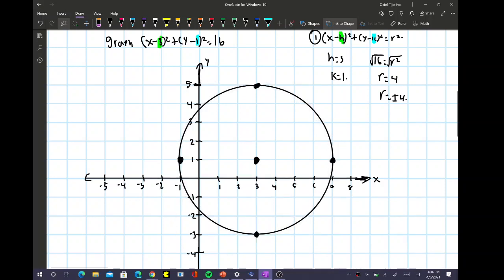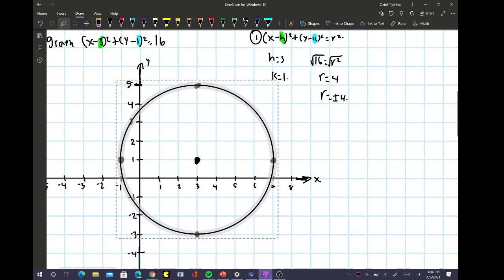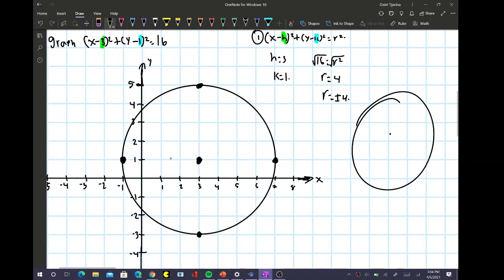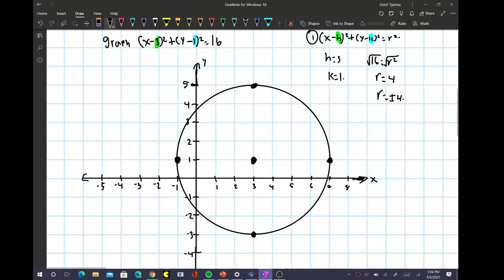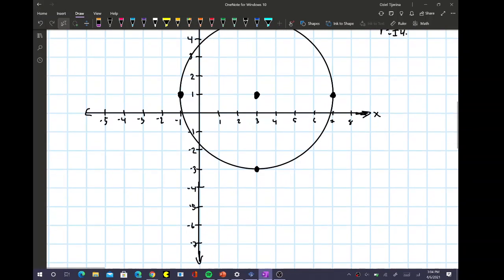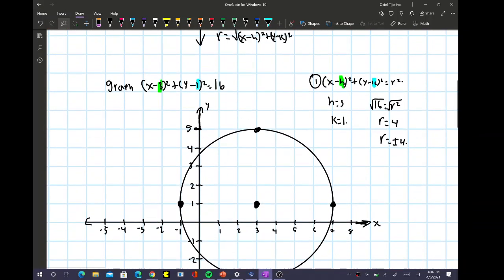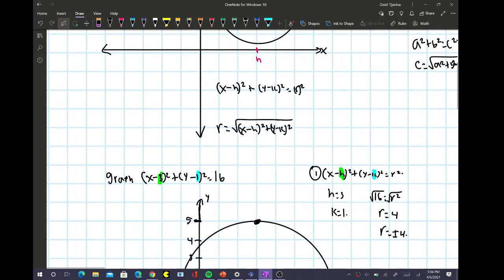Mine looks a lot better here, but of course, on paper, if I were to draw it, it would just be like this. It's not something you need to spend a lot of time drawing perfectly unless you're a perfectionist, just as long as it looks as close as it can be, okay?